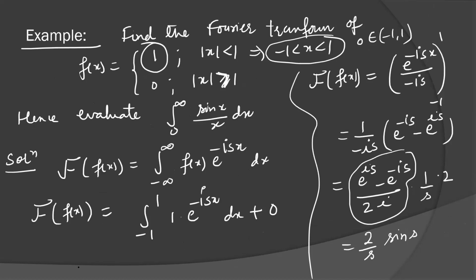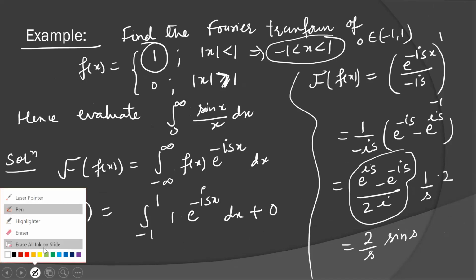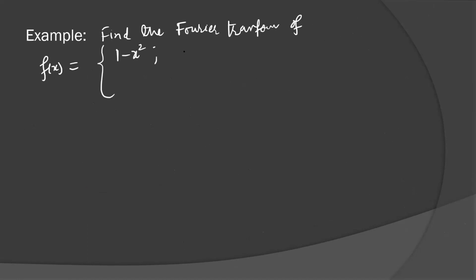We have one more example. Find the Fourier transformation of f(x) equal to 1 minus x square when x is between minus 1 to plus 1, and 0 when mod x is greater than 1.